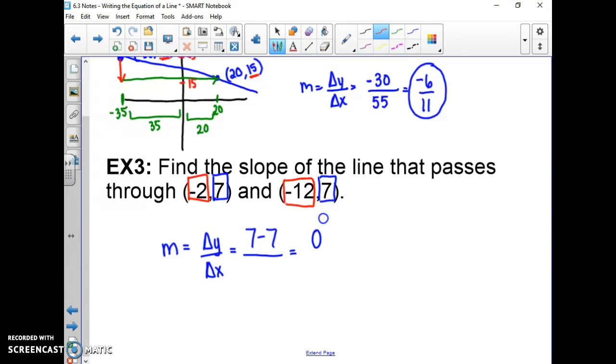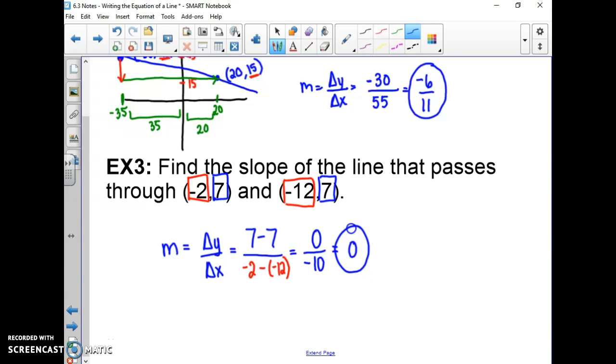That would go down 10 units. Another way you can think about that is negative 12 minus negative 2, which gives us down 10. 0 divided by negative 10 is just 0. So the slope of this line here is 0.